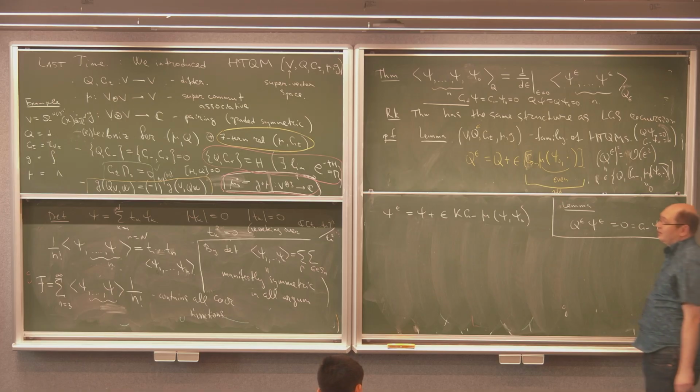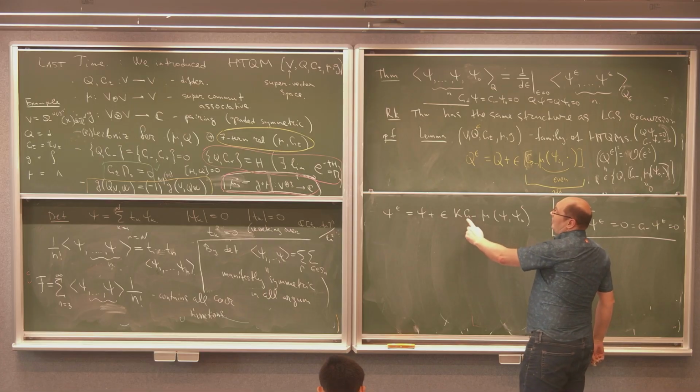G minus closedness is obvious because k commutes with G minus.